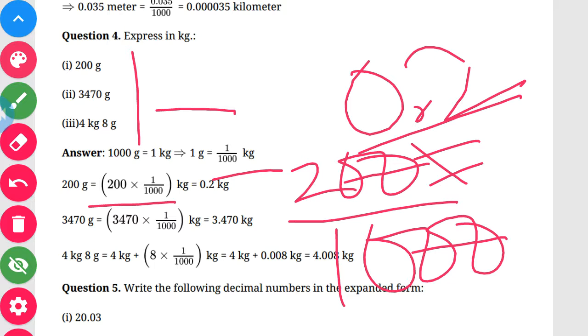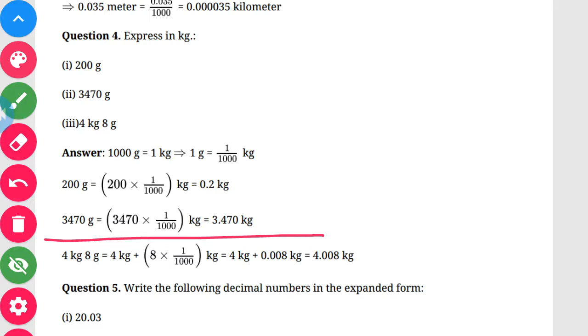Similarly, if you go for the next one, 3470 grams into kg. It's very easy actually.